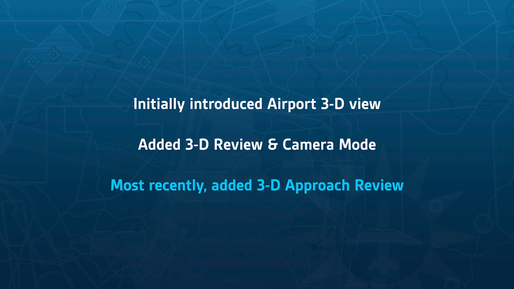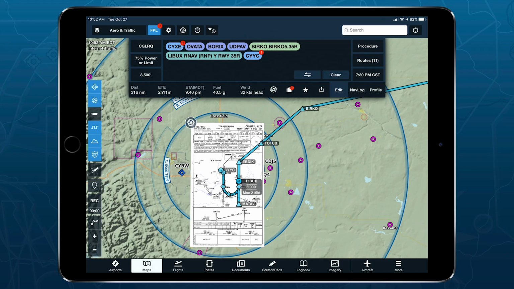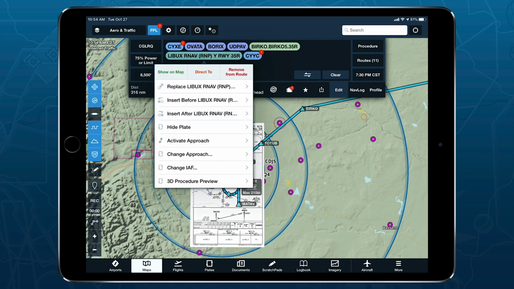And as I also mentioned, there's a 3D approach preview. The 3D approach preview was the most recent addition to this whole 3D option. What this does is, if we have a route planned and an approach loaded in, we can tap directly on that approach in the edit route bar. You'll see that there is a 3D procedure preview option right at the bottom.